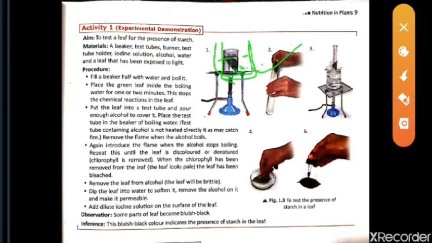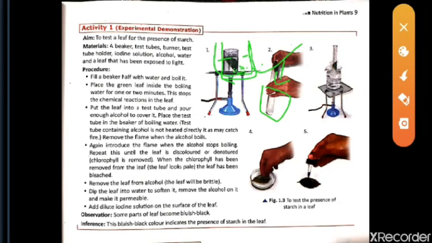Now put that leaf in a test tube, like how it is being put over here. After putting it, you have to add some amount of alcohol, ethyl alcohol. In our school we have ethyl alcohol, so we will use ethyl alcohol. We will put alcohol up to this part so that it covers the whole leaf.